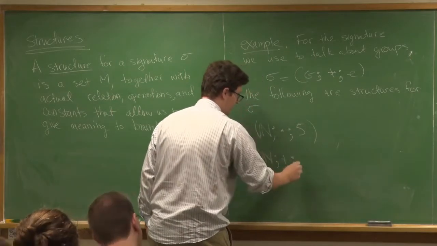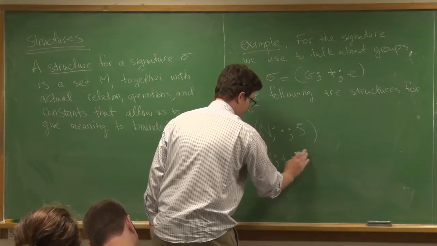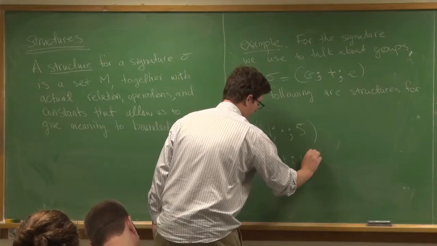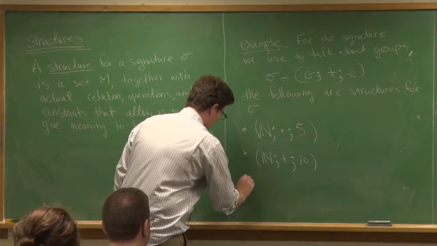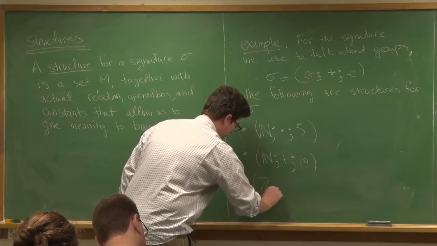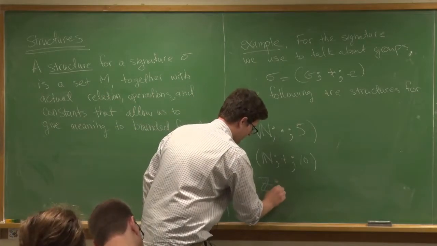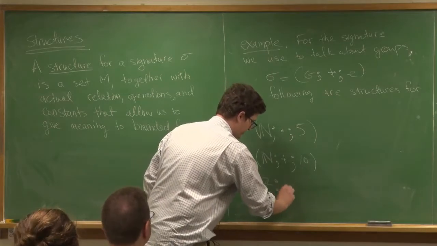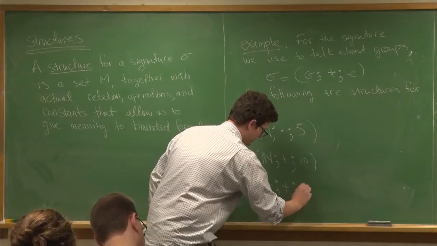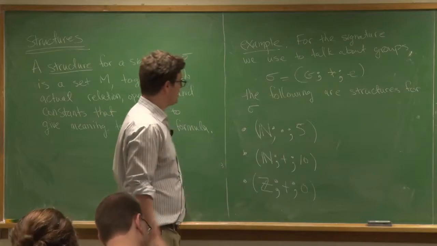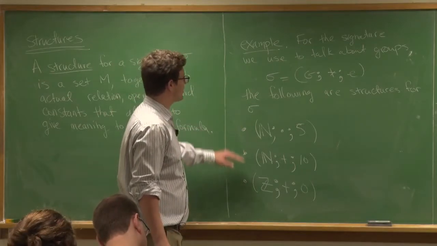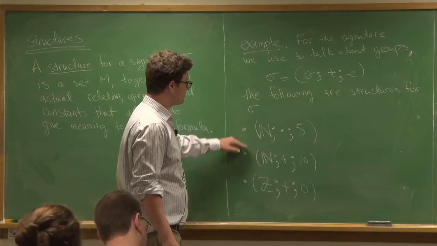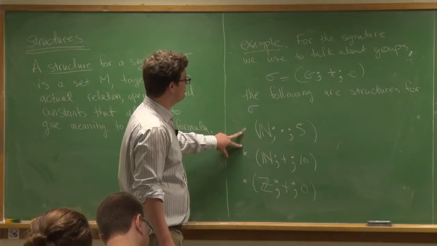Or we could pick another, I don't know, 10. That's fine, right? Or we could do Z, here with Z, plus and 0. So these are all structures here. Some of these are not actually groups, right?